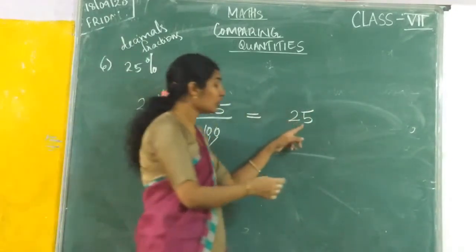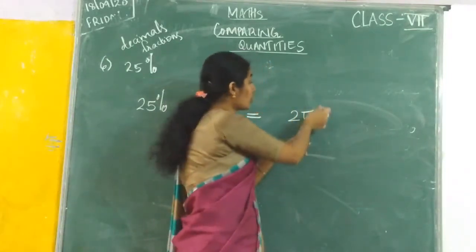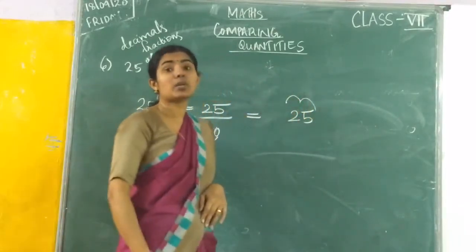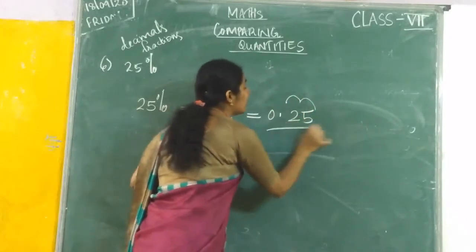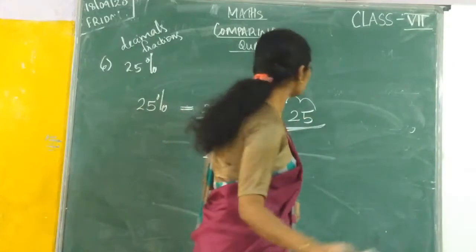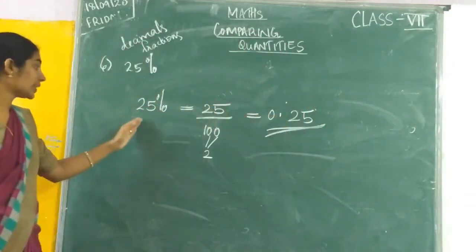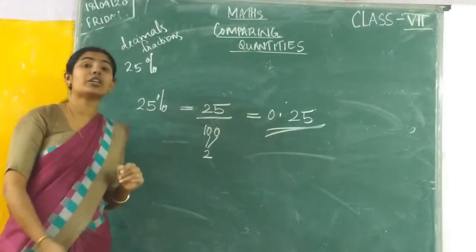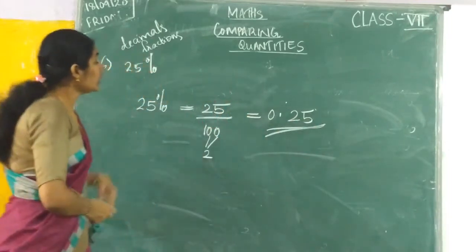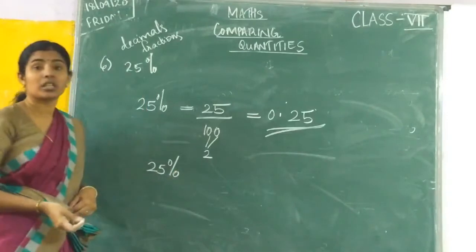So you should move the decimal point 2 places to the left. So from the right you count 1, 2. So where will the decimal point be? Here. So what is the decimal number? 0.25. So when you convert the percentage into decimal, you will get 0.25.